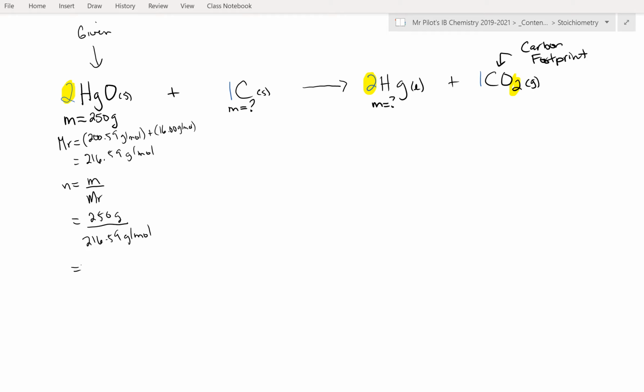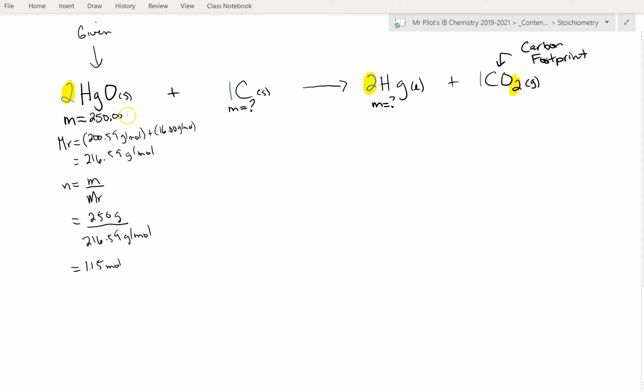So 250 divided by 216.59 equals 1.15 moles. And just to make sure that no one freaks out about sig figs, I'm going to put 2 decimal places there.